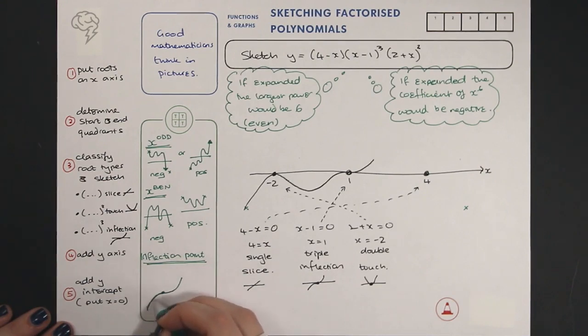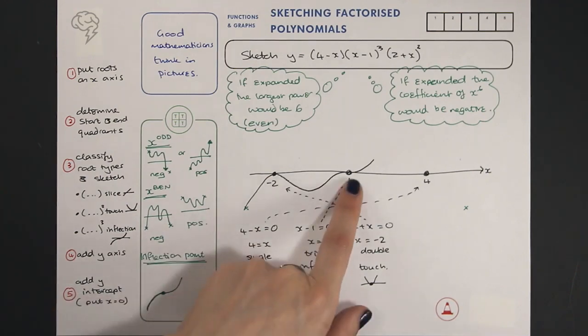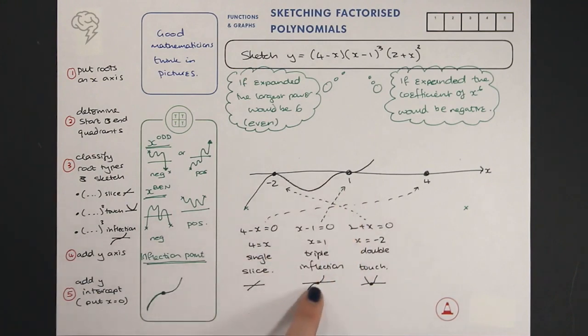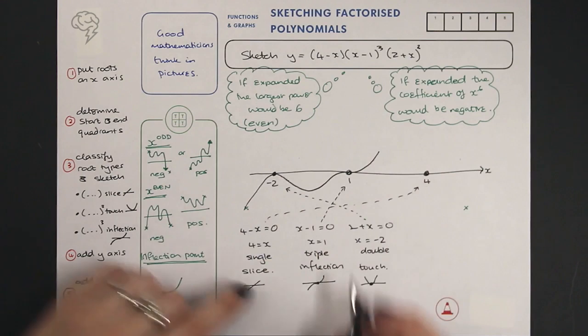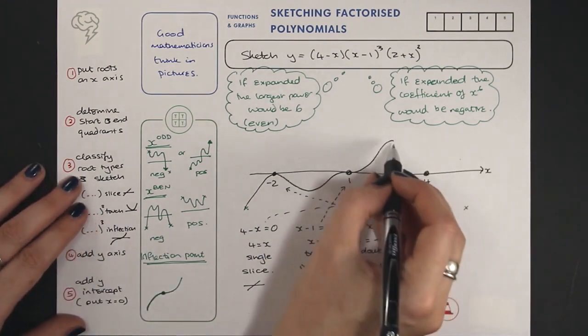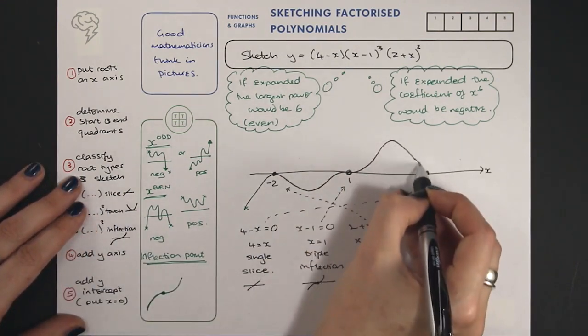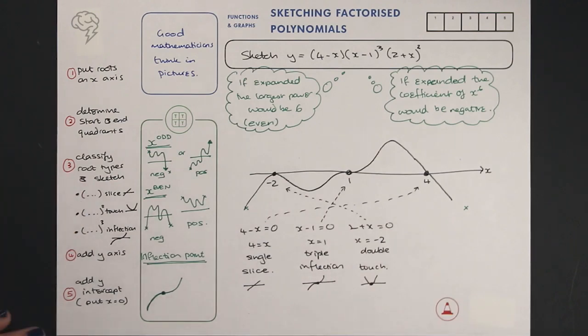And you're looking for that stationary point there. So there's a moment where the derivative goes flat and then off it goes up again. So there's a point of inflection going up like this. And then 4, that was a slice. So at some point it's going to turn, then it's going to go down and it's just going to slice through that 4 like this.